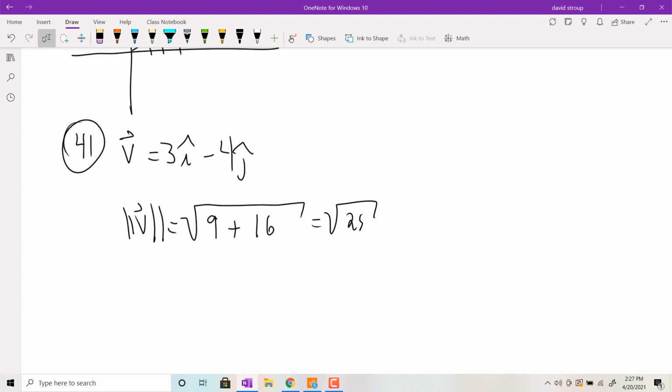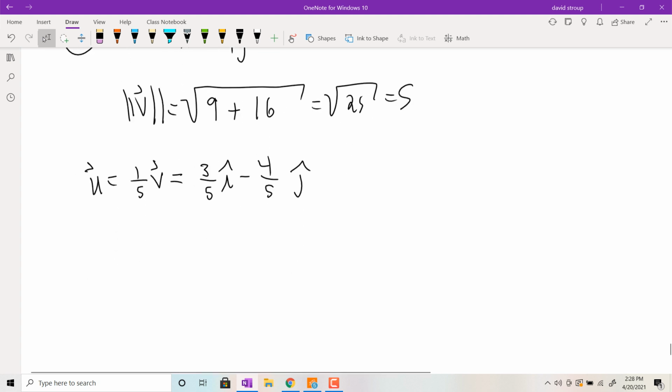That's the square root of 25, which is 5. So the unit vector u will be 1/5 times the vector v. And to multiply by 1/5, you just distribute, so you get 3/5 i minus 4/5 j.